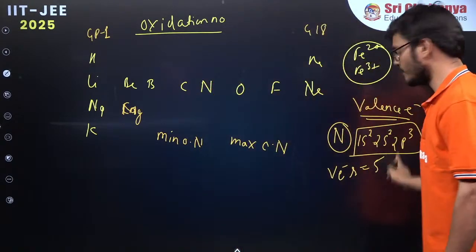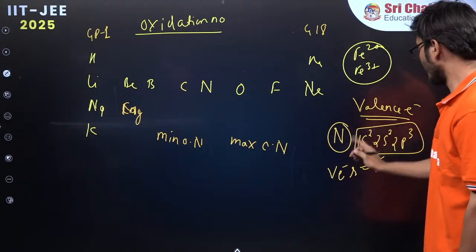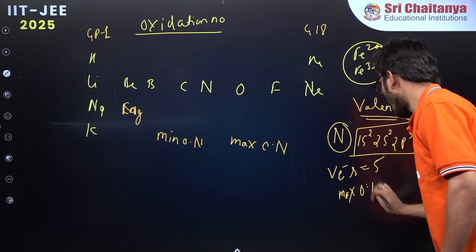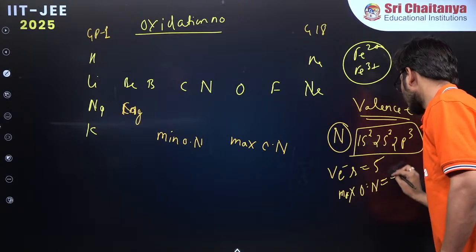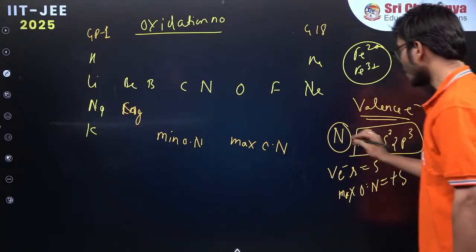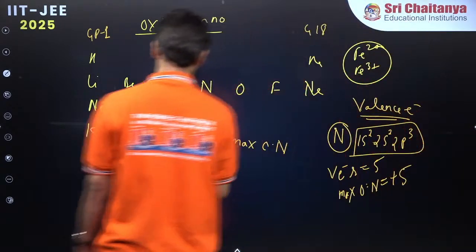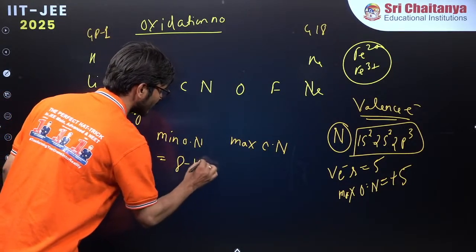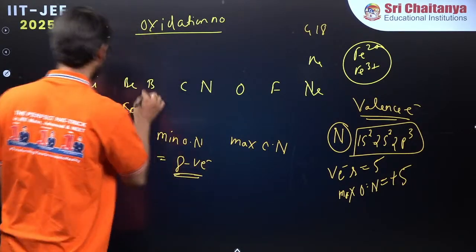So 5 is the valence electron, okay? So maximum oxidation number, if it loses all the 5 electrons, what is the oxidation number? Plus 5. Now, what is the minimum oxidation number? Minimum oxidation number is equal to 8 minus valence electron. I'm talking about the second period.